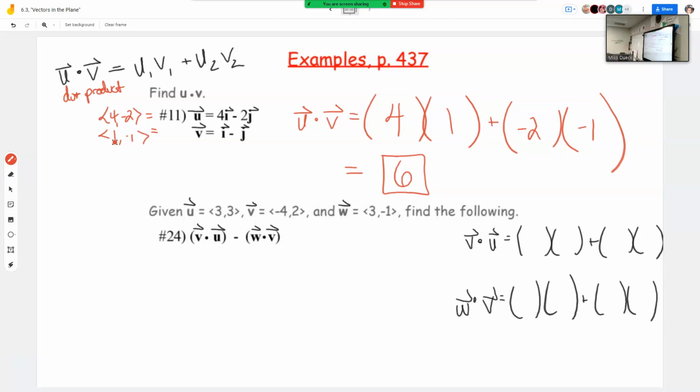So the first dot product is a number, the second dot product is a number, we subtract and we get a new number. I don't think 8's it. It's a little bit bigger and it might be a negative number. You guys agree? -21.